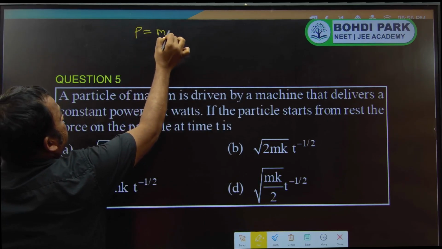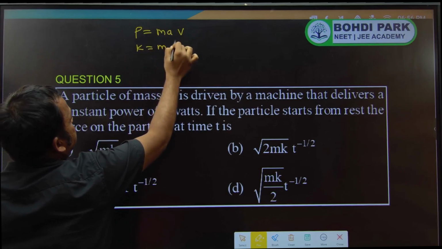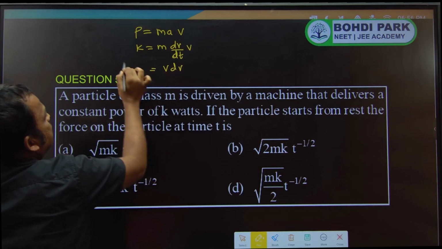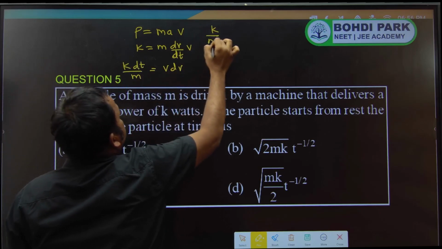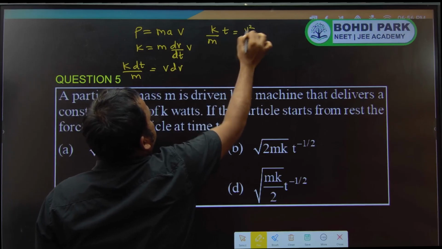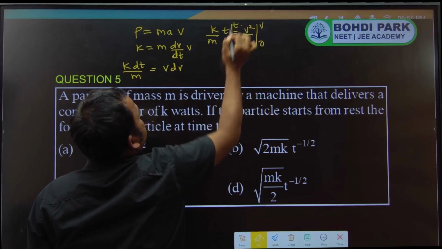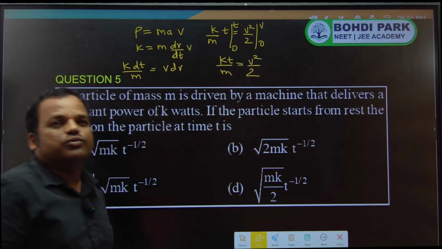P is equal to mav. So K is equal to m times a, with a as dV by dt, into V. So V dV is equal to K dt by m. So K by m into t is equal to V square by 2. Limits will be 0 to V and 0 to t. So Kt by m is equal to V square by 2.